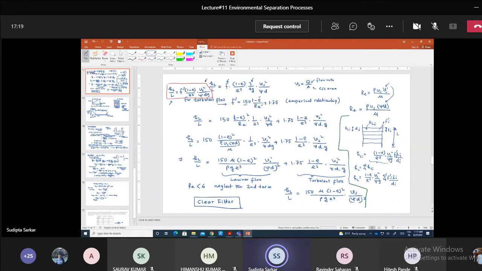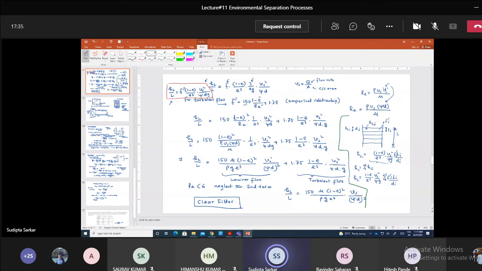size D, right? But if we have a bed where different values of Di are there, it corresponds to a certain length of the bed. So this is the situation.